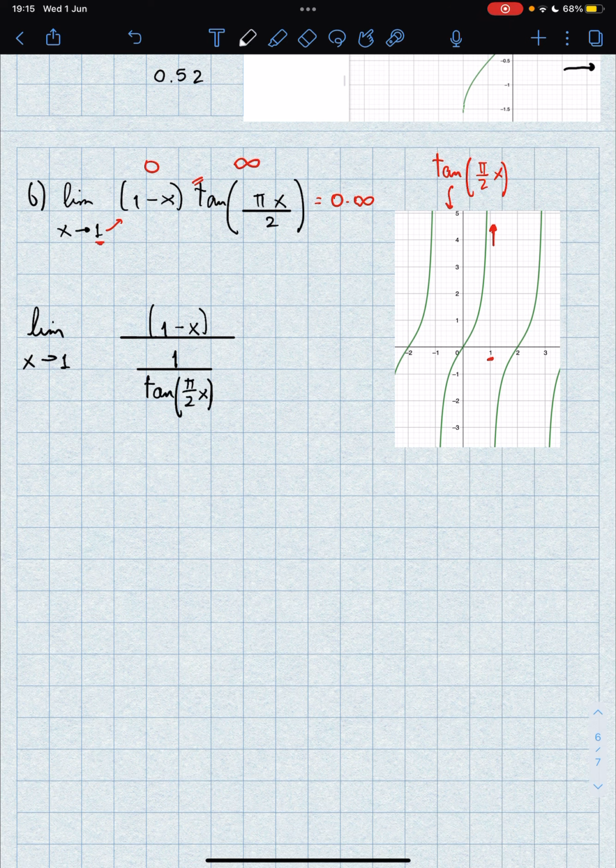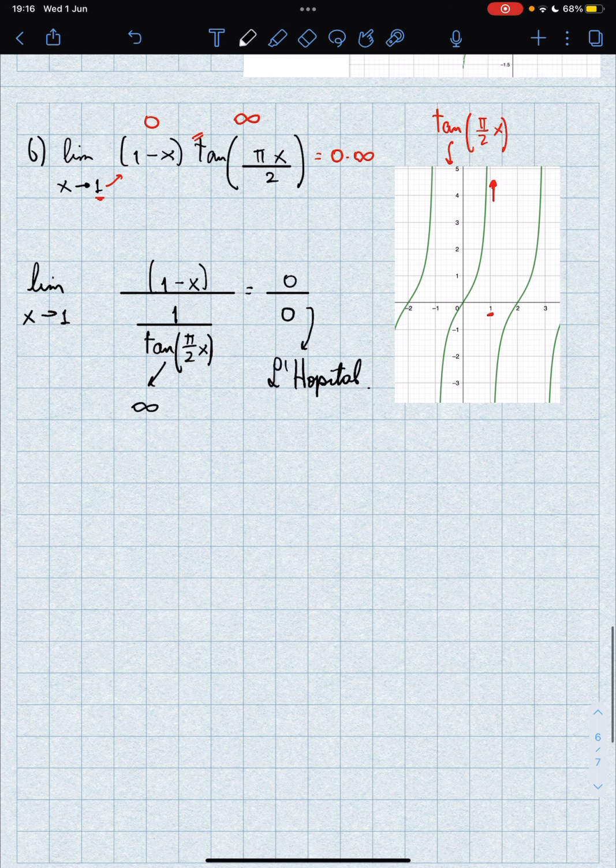And here I'm going to have 0 if I plug this 1 here, so 0 over, you know that this is infinite, 1 over infinite, this is 0. So now I can apply L'Hopital. This is very good.